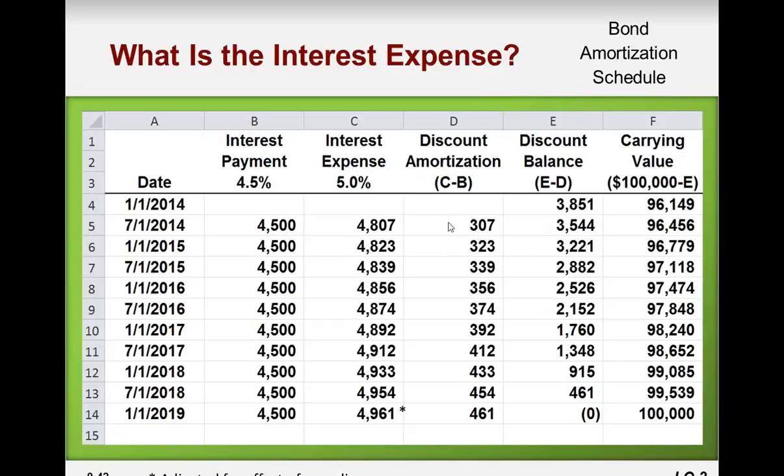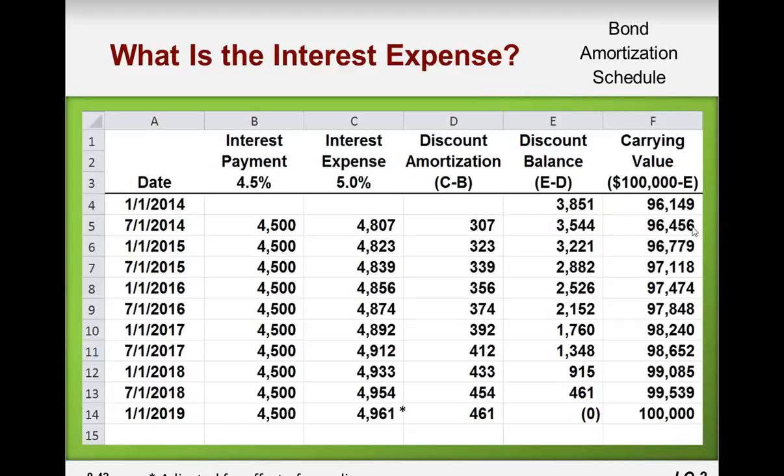Then the next step is to find our discount amortization. Our discount amortization is $307 in this case, the 4,807 minus the 4,500. And then what is our balance in our discount? Our discount balance decreases, and our new carrying value is $100,000 minus the new discount balance.